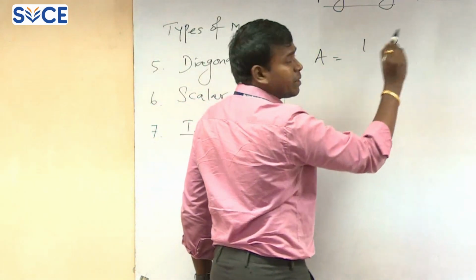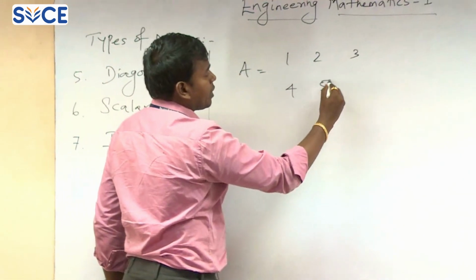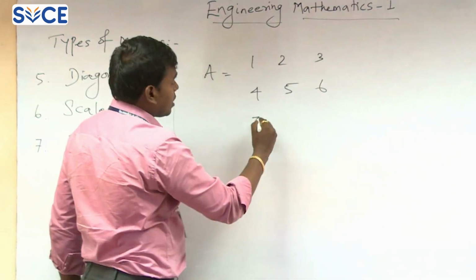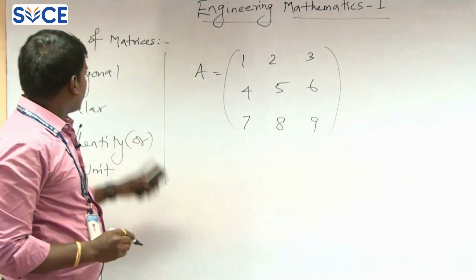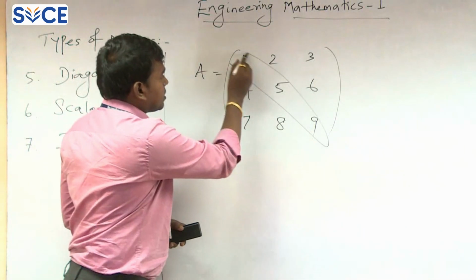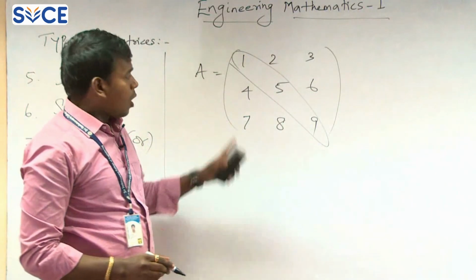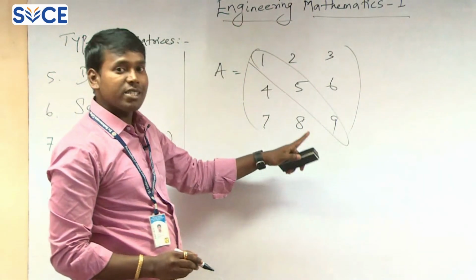For example, a 3 by 3 matrix: 1, 2, 3, 4, 5, 6, 7, 8, 9. This is an example of a 3 by 3 matrix. Now diagonal means all the elements except this particular part, which is called the main diagonal elements, are 0.